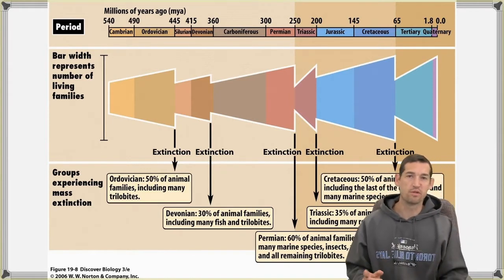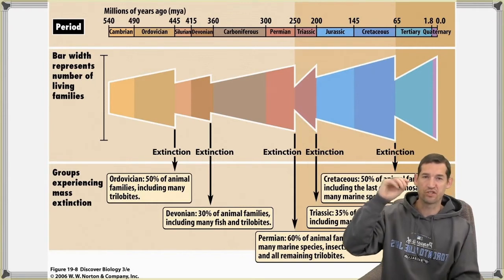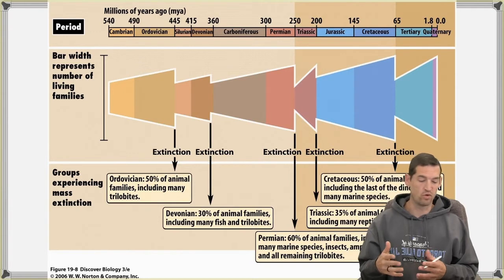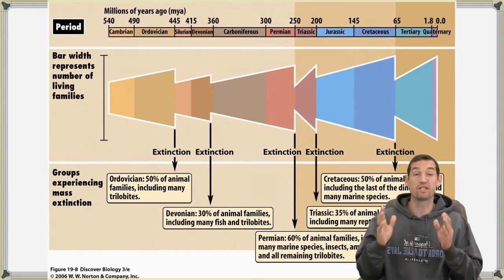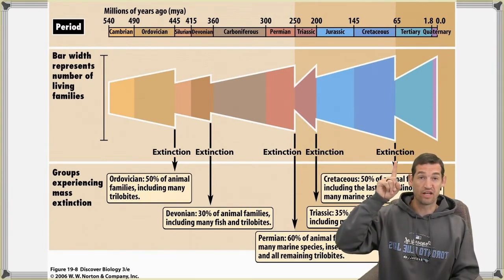The one you're probably most familiar with is this one right here. At the end of the Cretaceous period, 65 million years ago, there was one of the most recent mass extinctions. It is the most recent mass extinction that we've had, and that's where we lost the dinosaurs.